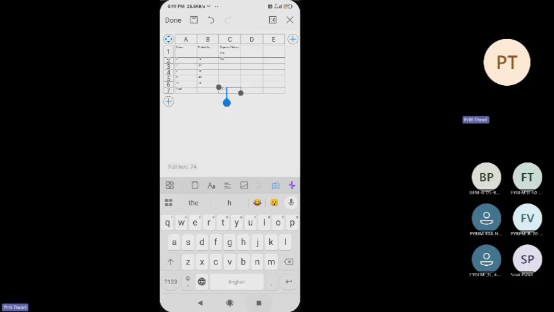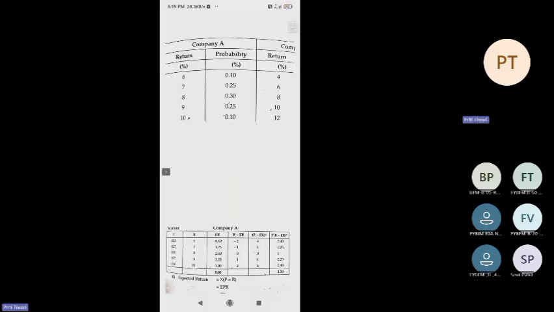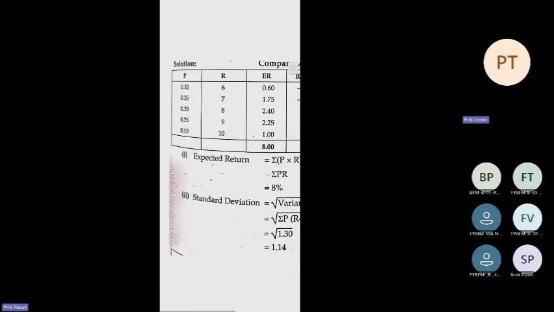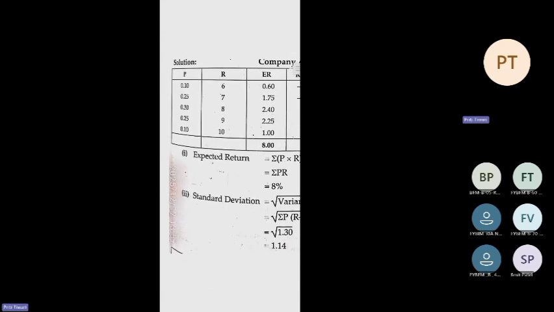So see, the solution over here is already given. 6 into 0.10 is 0.6, then 0.25 into 7 is 1.75, 0.30 into 8 is 2.40, 0.25 into 9 is 2.25, and 0.10 into 10 is 1. So over here we have the solution with us.